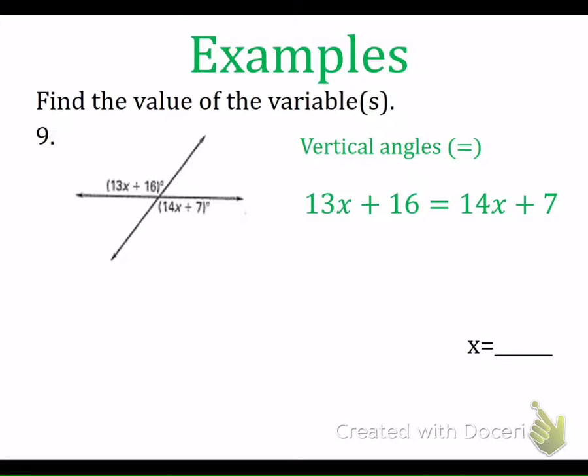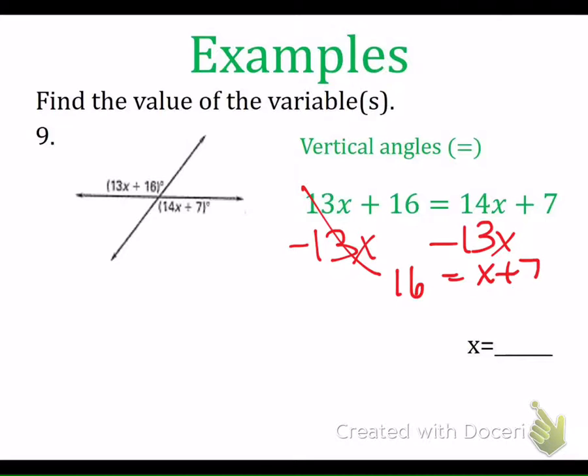Now I'm going to solve for x. I'm going to subtract 13x from both sides, which should work out nicely because it just gives us 1x. Then what? Subtract 7. So x equals 9.